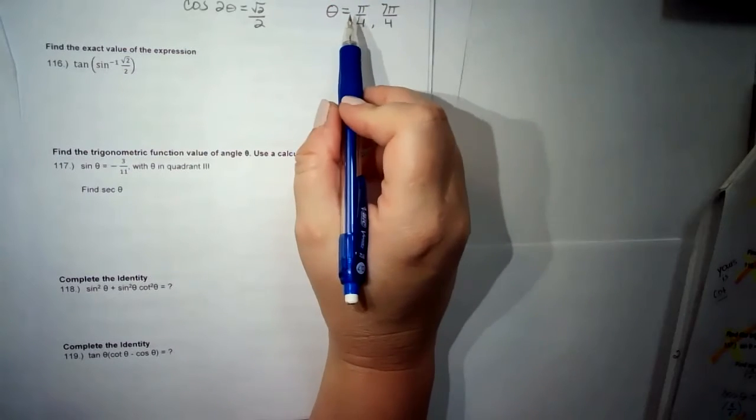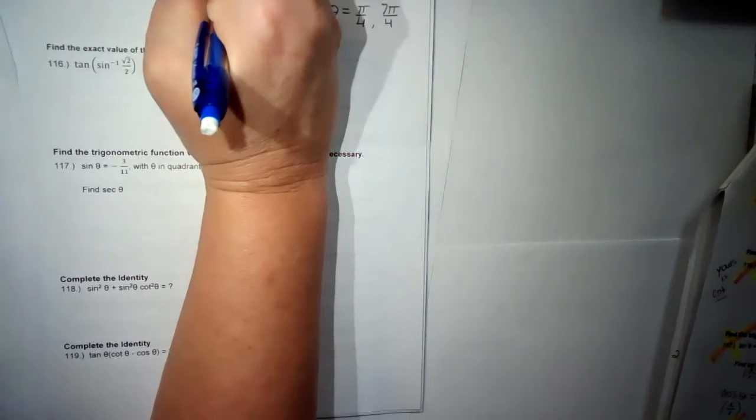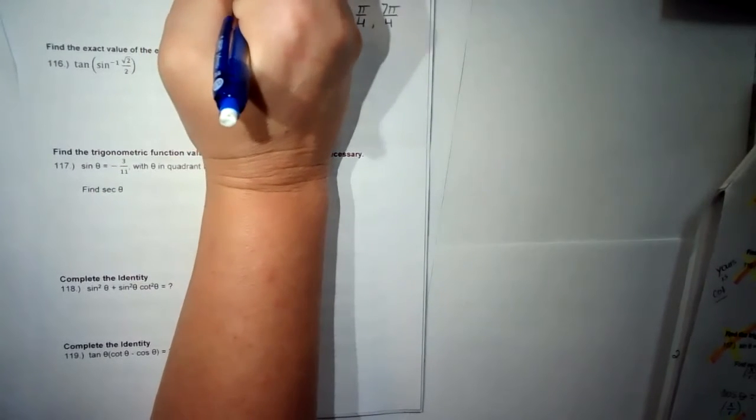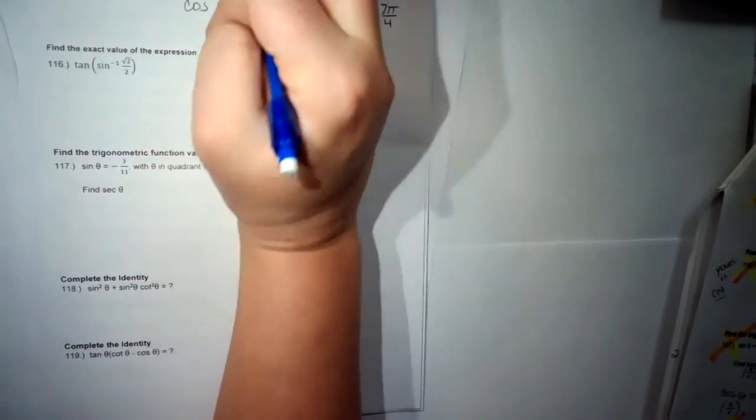Okay, now we're not done, because this would be great if we were only between 0 and 2 pi. That would be fantastic, right? But we're multiplied by 2.